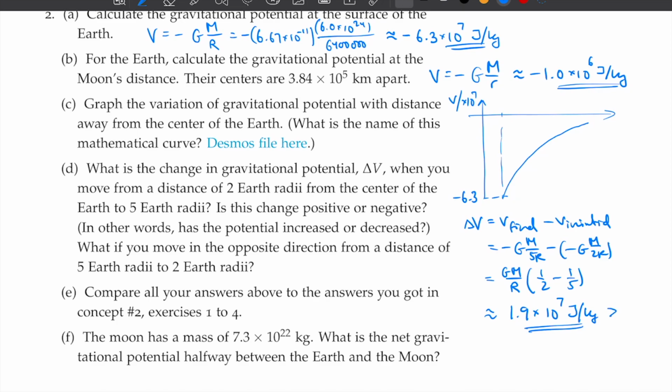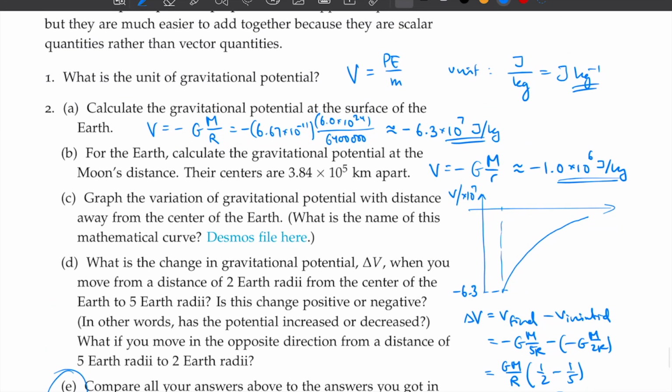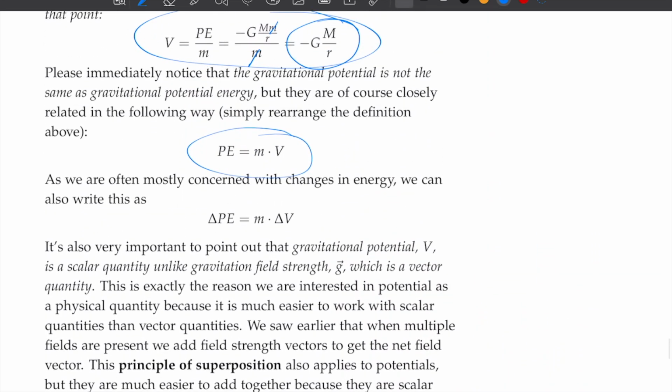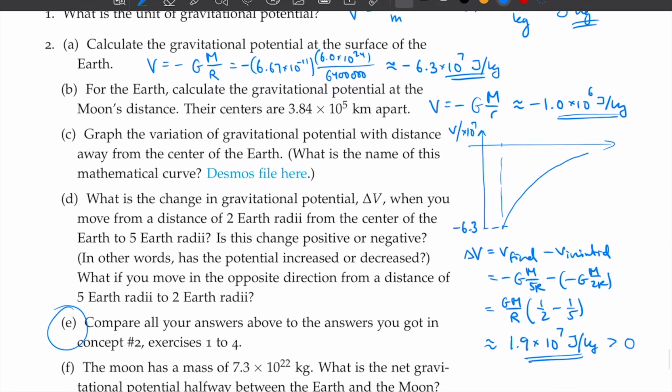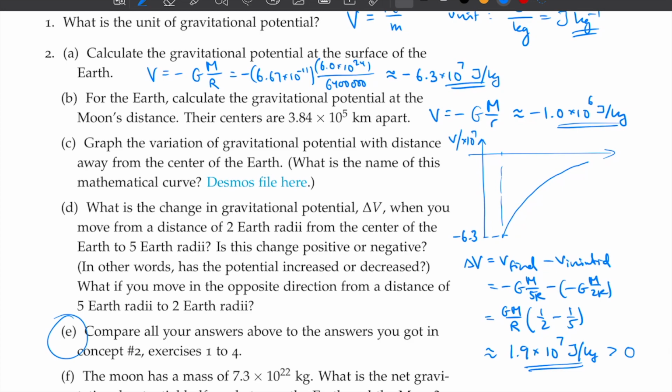And of course, it's opposite. If we go in the opposite direction from 5 to 2 Earth radii, then there would be a decrease in potential. Now hopefully you can see that all these questions have something to do with the previous questions we did for potential energy. And how do they compare to the previous ones we did? Well, we know that potential energy is just mass times potential. So I can get all the answers to the previous problems by just multiplying by the appropriate masses.